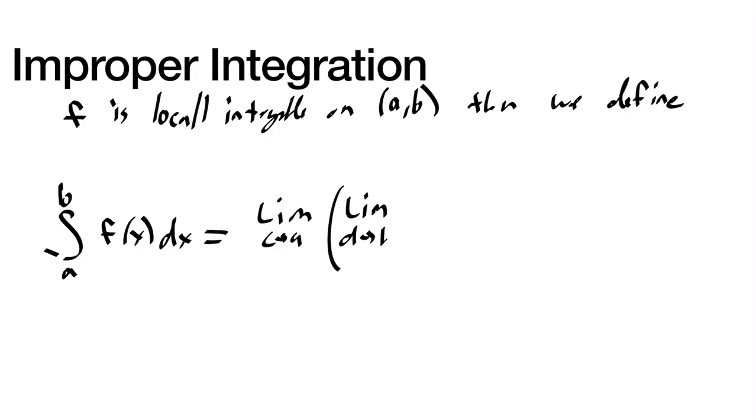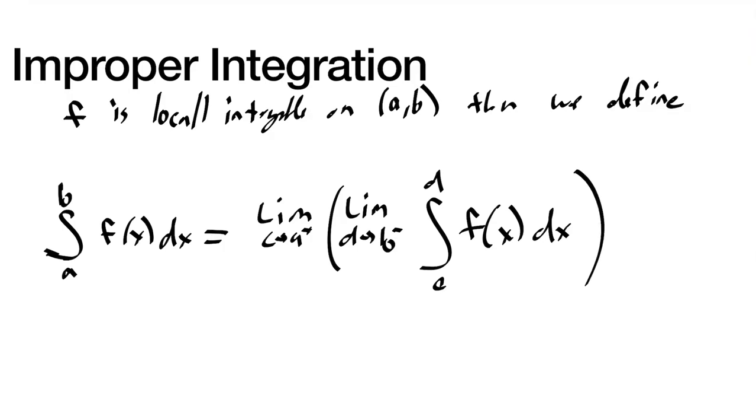So what I should write, which would be more appropriate, is the limit as c approaches a and the limit as d approaches b of the integral from c to d of f of x dx. And in fact, it only matters because c is approaching a from the right. It really only matters if we take the right and the left-hand limits. Okay, so this is what we define an improper integral to be.